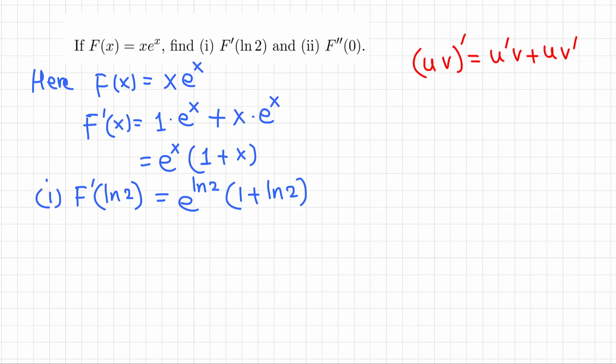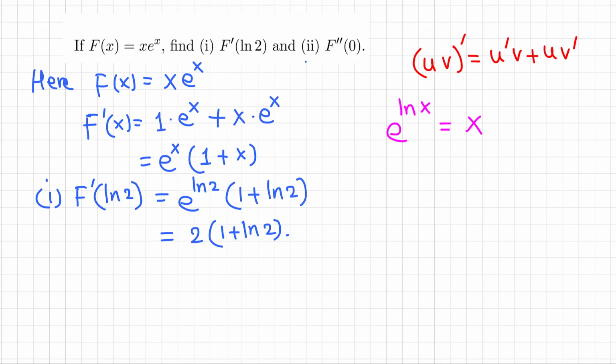But here e raised to ln of something, we know that e raised to ln of x is simply x, because e and natural log are inverses of each other. So this is a fact from algebra. So this is simply 2 times quantity 1 plus ln 2. We may leave it here, this is the decimal number.